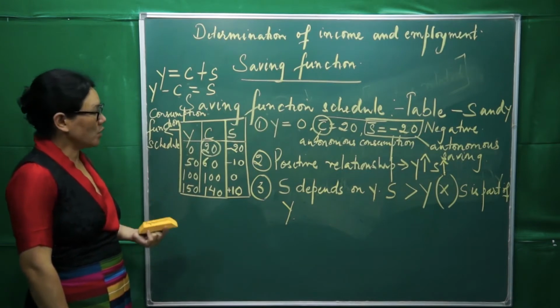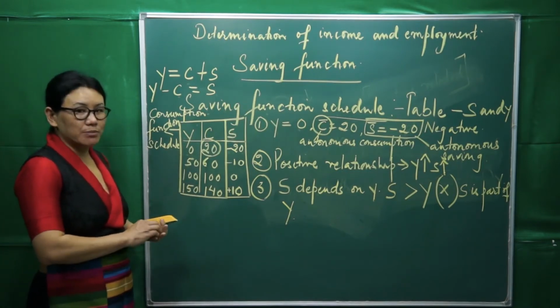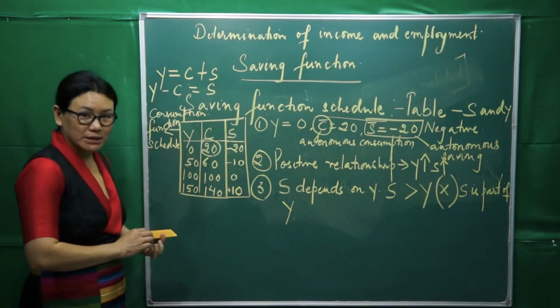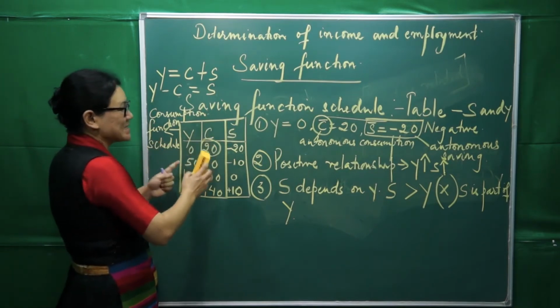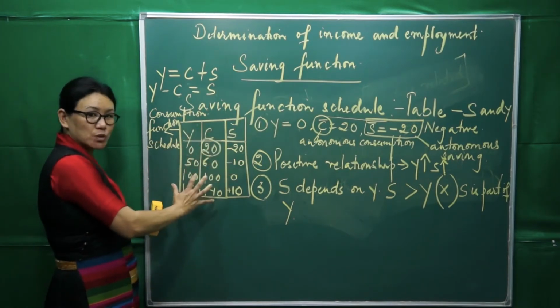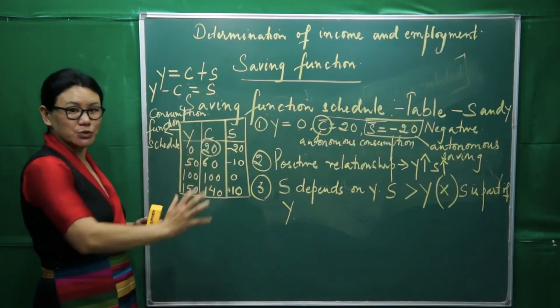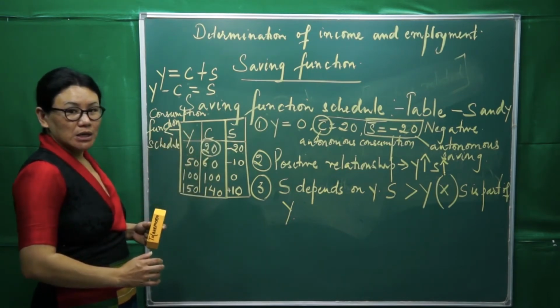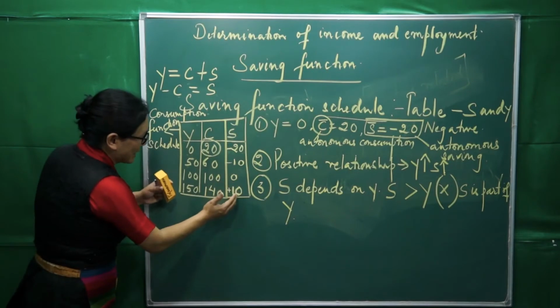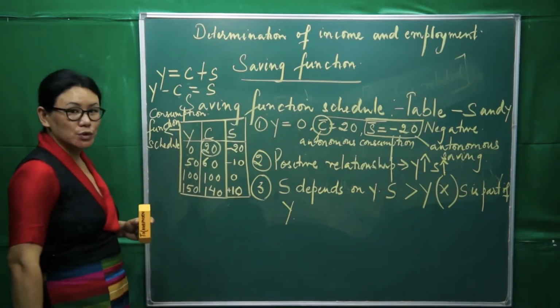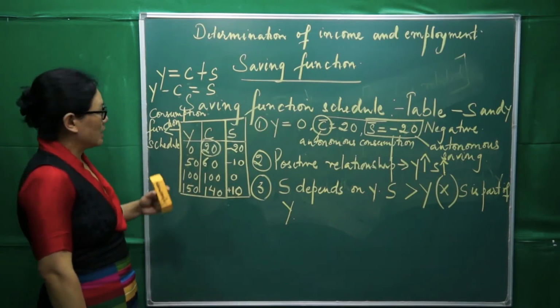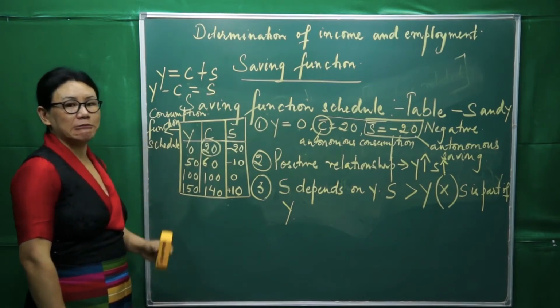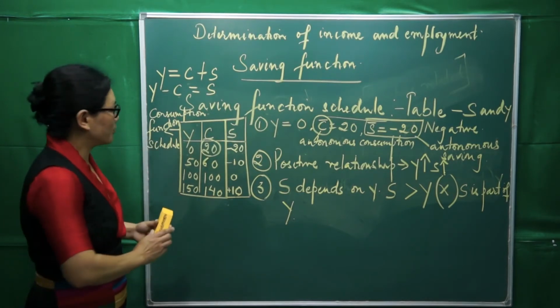All right? Okay. Now next one will be diagrammatic presentation of this schedule, that is saving function schedule. So I will be using again this schedule to draw saving function diagram.